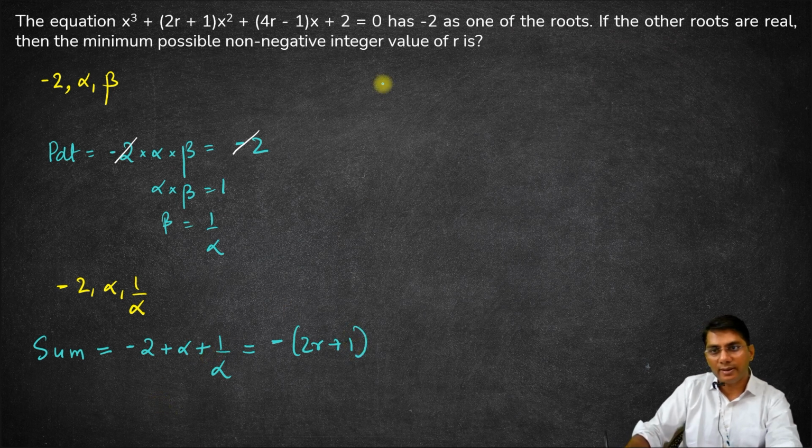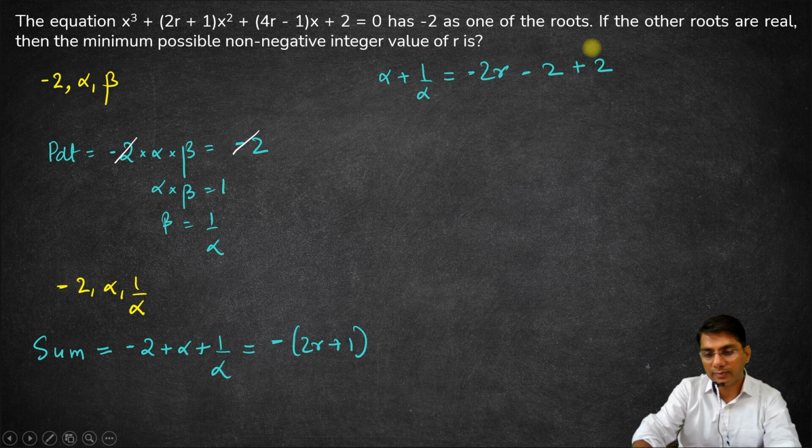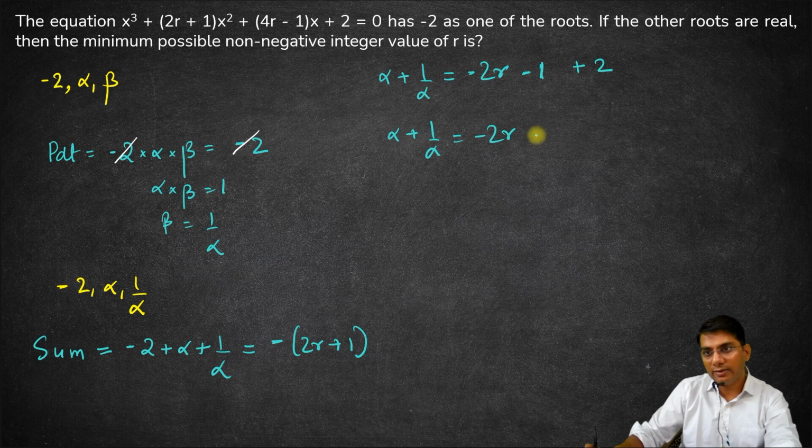So we have here alpha plus 1 upon alpha is equal to minus 2r minus 1 minus 2. Sorry, this is minus 1. And this minus 2 goes to that side, becomes plus. So this becomes alpha plus 1 upon alpha is minus 2r plus 1.